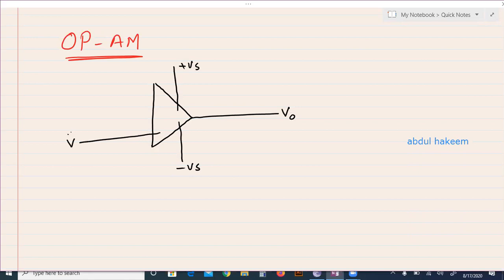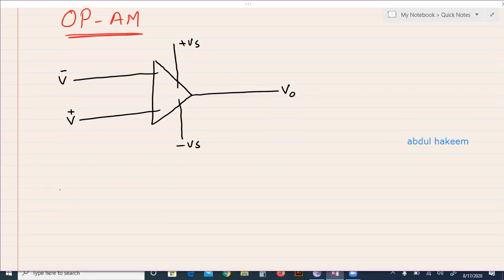This is non-inverted input voltage, and this is inverted input. So in operational amplifier, supply is voltage, input is voltage, and output is voltage. So all three are voltage, not current.